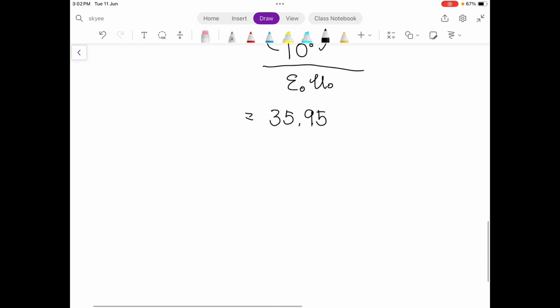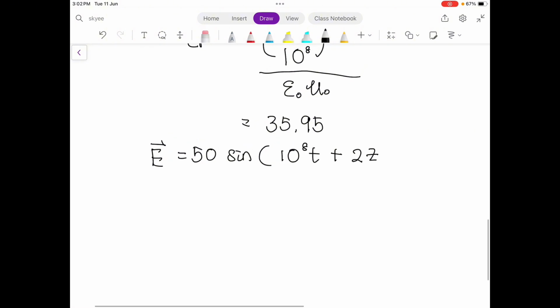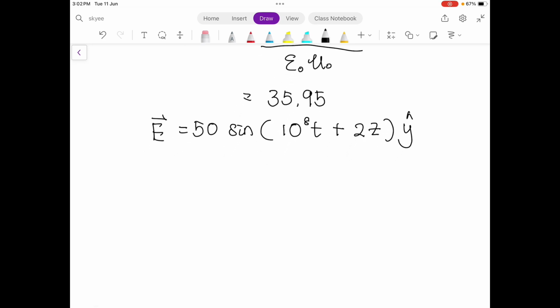Next, we move on to the magnetic field. They want us to find the magnetic field. So I'll write down again the electric field equation, which is 10 to the power 8 t plus 2z, in the direction of Y. Our magnetic field H will be H naught, the amplitude you must find out, sine of 10 to the power 8 t plus 2z.